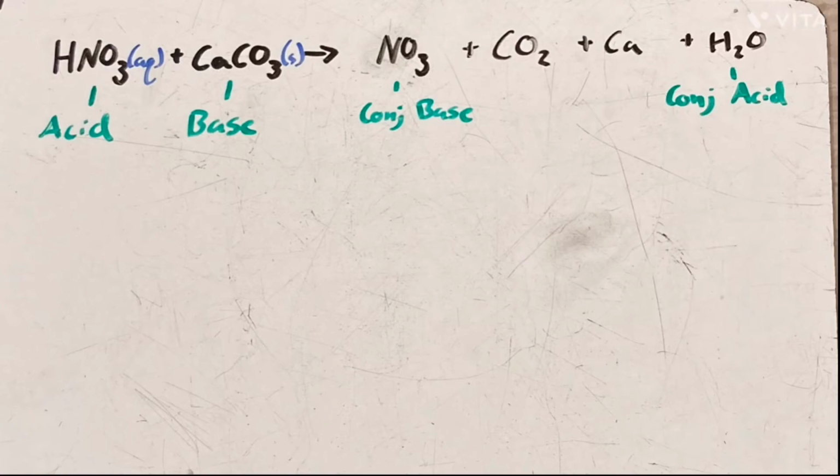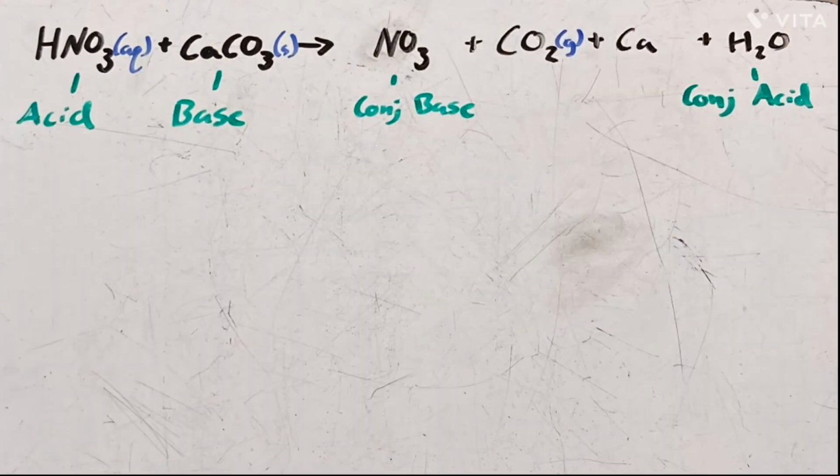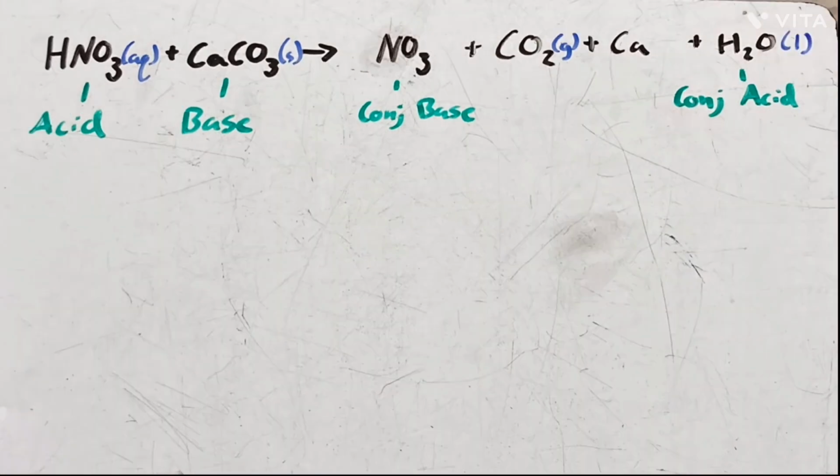Next, I'm going to find the states of our products. Carbon dioxide would be a gas. This is because the molecule is very light and is nonpolar. It only experiences dispersion and stays to itself, so it cannot gain enough mass to become solid. Water is a liquid. There is already water in this reaction from the acid, so we can add more.